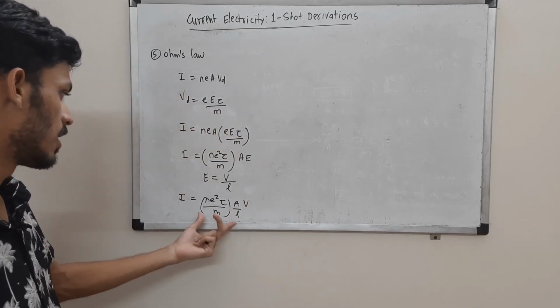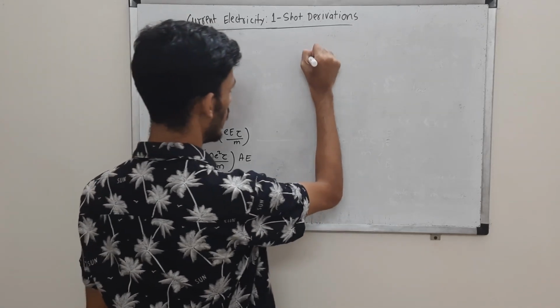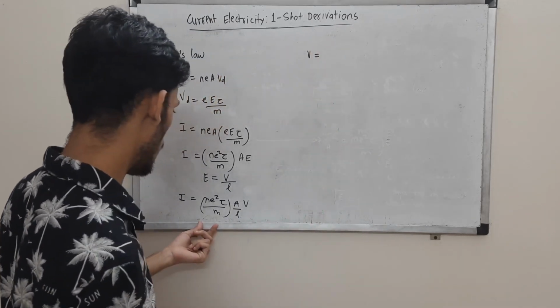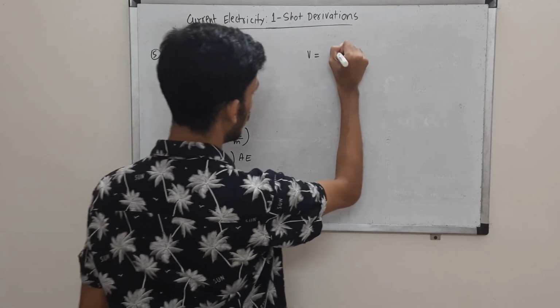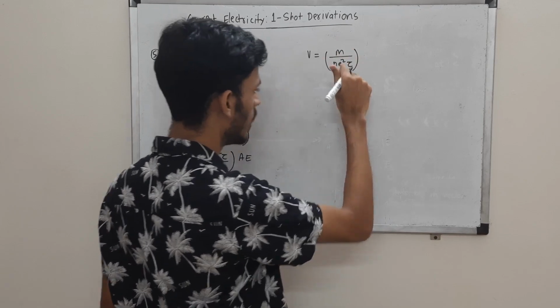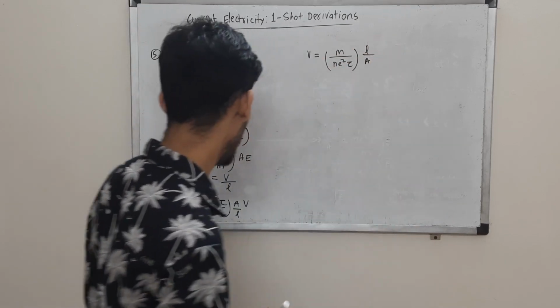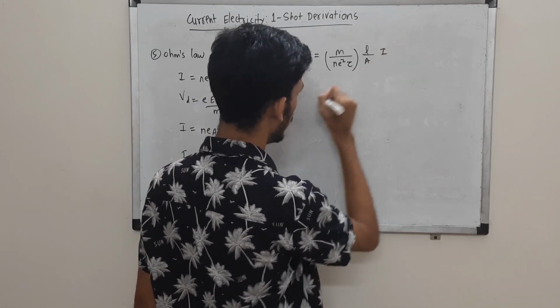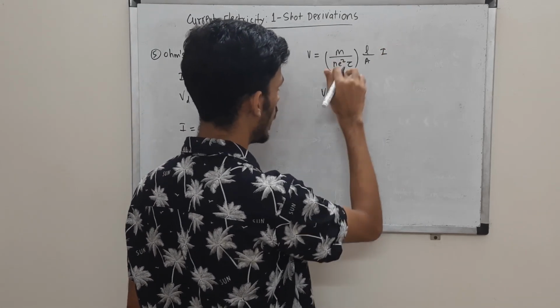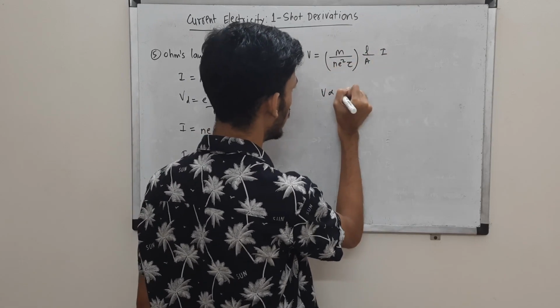Now I can take everything to the other side. You can see that V and I we have already obtained. So V is equal to m by n e square tau, this term which you can remember from the previous class, and we have L by A, and we'll have I. You can see that all these are constant: m, n, e, even tau, L and A, the length and the area of the cross section.